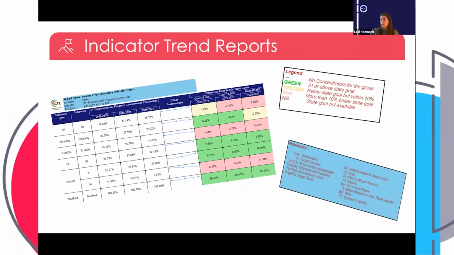If you look to the left side of the trend report, you will see that it also separates out by special population, race, ethnicity, and gender. It's important to be able to indicate where the marker is missed. You'll notice that in the male gender category, it's all red across the board for the last 3 years. This is in looking at the 3P1 non-traditional program concentrator.